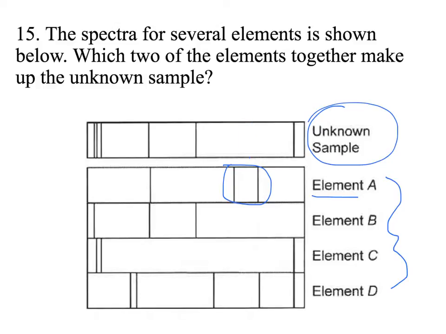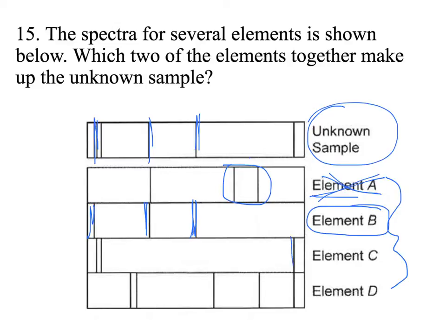So since they don't appear in the unknown, element A cannot be one of the elements. Down here, for element B, we see a line here matches a line, and a line here matches a line. So it's entirely possible that element B is in our unknown sample.